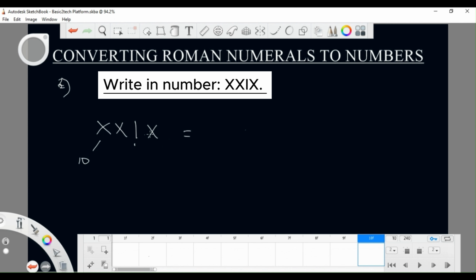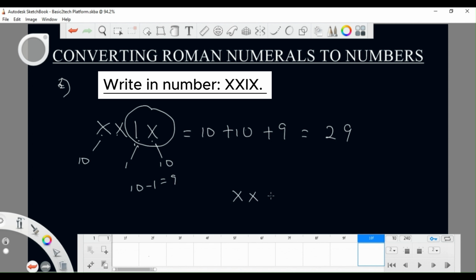So we have XX, so that's 10 plus 10. Here we have IX. Remember, I is 1 and X is 10. Again, for this one, when you have a small value coming before the large number, we subtract. So it becomes 10 minus 1. So IX is 9. So it becomes 10 plus 10 plus 9. So that gives us 29. So therefore, XXIX is 29.